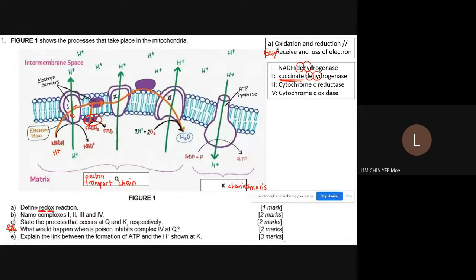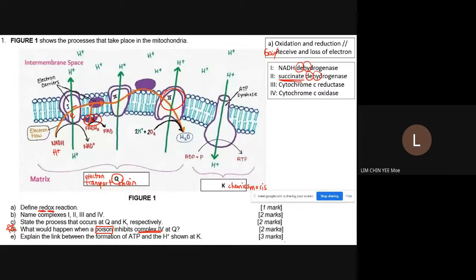Now D. D dengan E, put a star there because it's a good question. Tak dapat letak star. What would happen when a poison inhibits complex 4 at Q? Complex 4. Kalau you masih ingat poison tu, poison apa tu? Carbon monoxide ka, Miss? No. Carbon monoxide tu dekat blood.